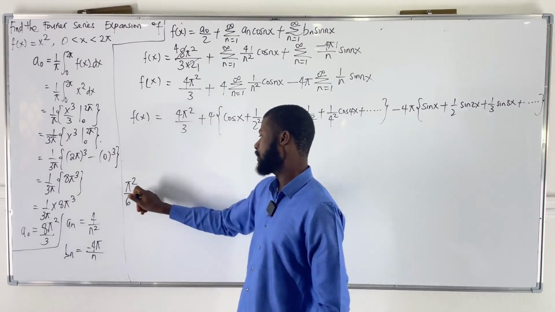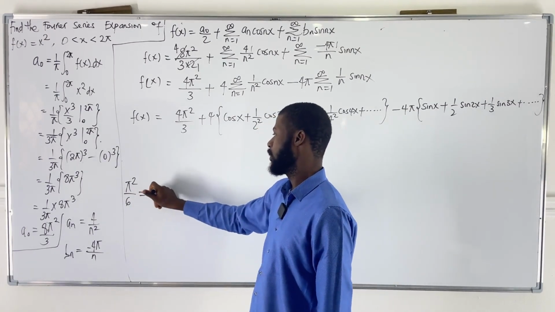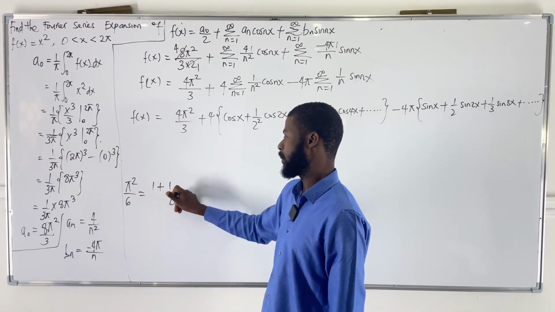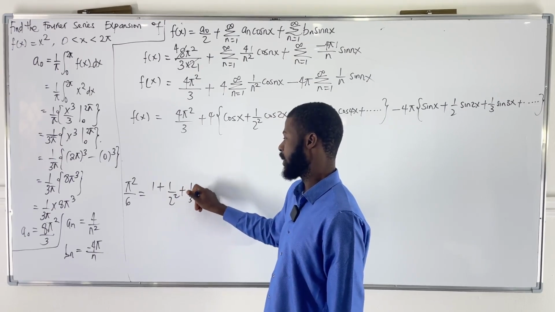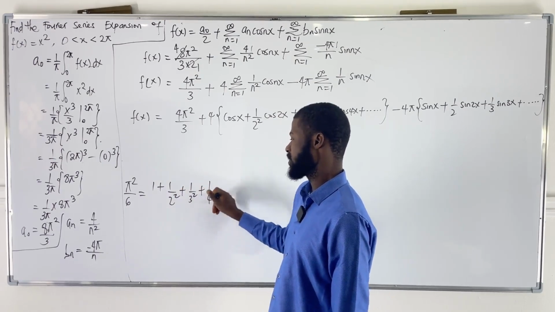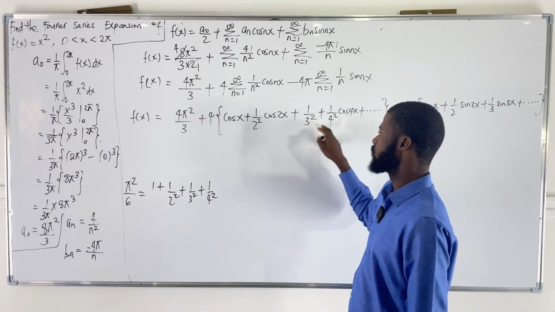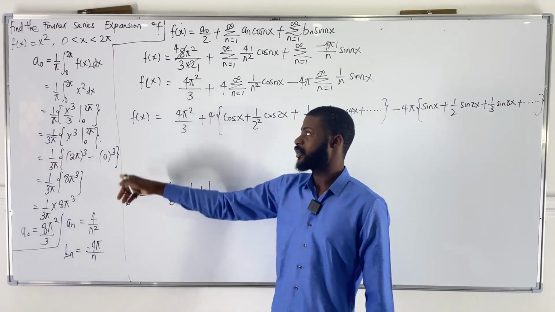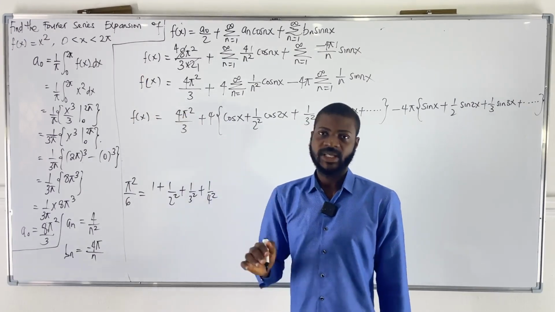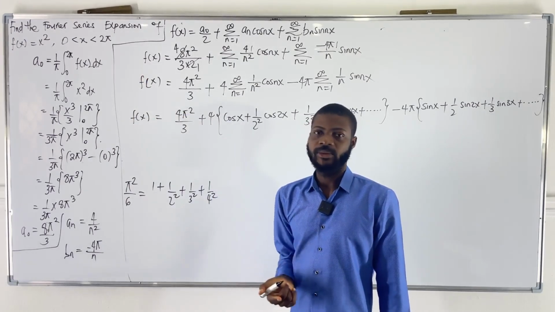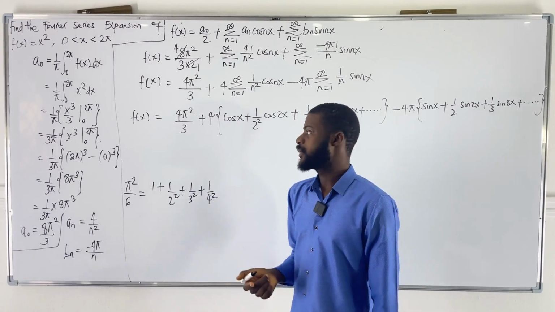Because pi squared over 6 is actually 1 plus 1 over 2 squared plus 1 over 3 squared plus 1 over 4 squared, just like that. So because it is here does not mean that if you let x be equal to 0, you are going to deduce that function. So that was what I noticed with this very problem.